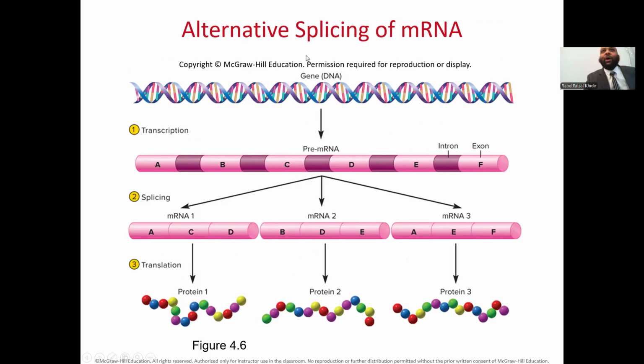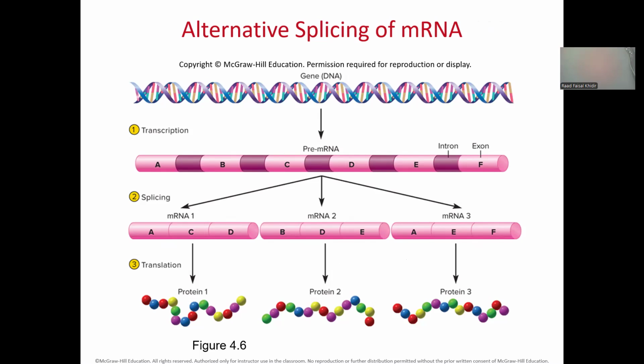So you see what you have up here. That's the DNA. When you transcribe the DNA, now you have mRNA that is nascent, meaning it's not ready because it has some introns. The introns have to be excised and cut out. The exons are what we need. So we're going to keep the exons and remove the introns.